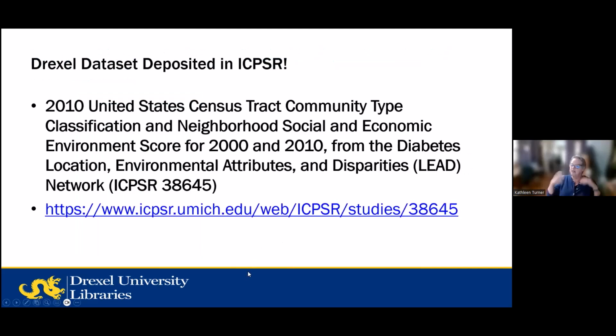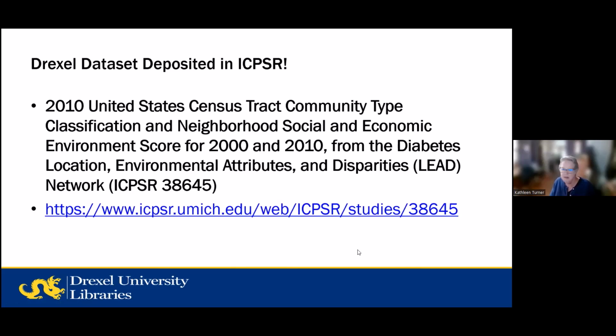Now, this is something that I'm very happy to share. We actually do have confirmation of a Drexel data set deposited in ICPSR. This is from the LEAD study, the Diabetes Location, Environmental Attributes, and Disparities study, and it was deposited using their full curation services.